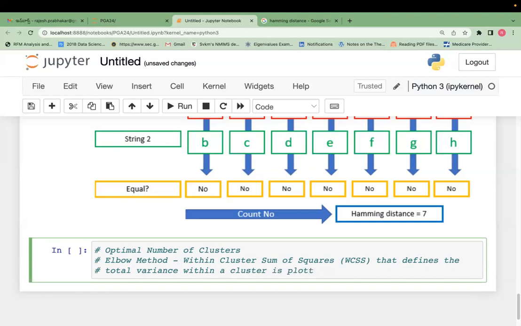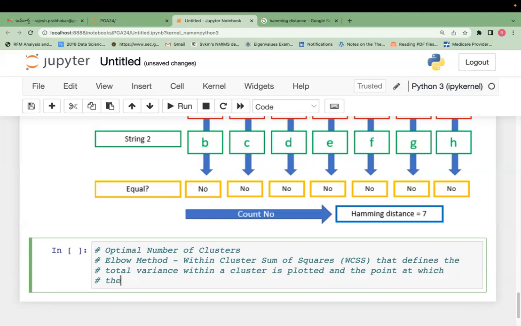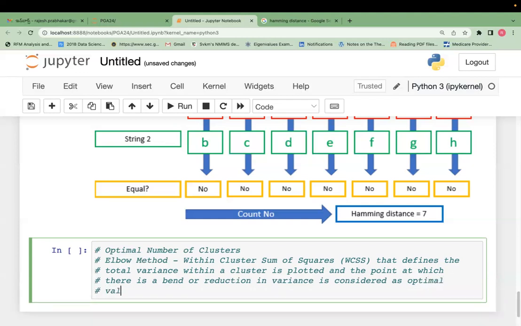It is plotted, and the point at which there is a bend or reduction in variance is considered as the optimal value of K.